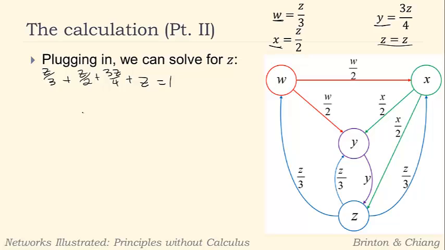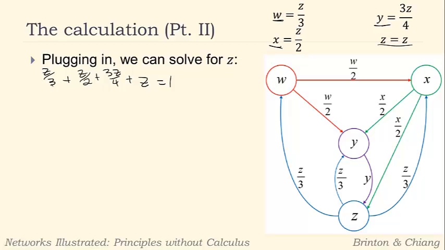Now we need to find a common denominator in order to solve for z easily, or we could use a calculator too. Either way is fine, but just to illustrate, the common denominator we get would be 12, because 4 goes into 12, 2 goes into 12, 3 also goes into 12, and obviously 1 goes into 12.